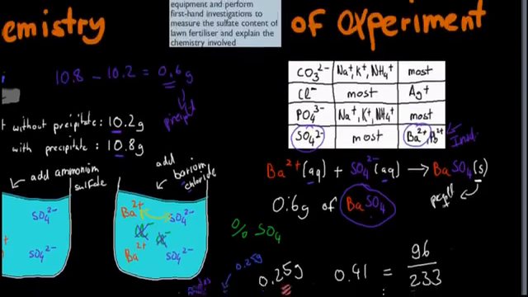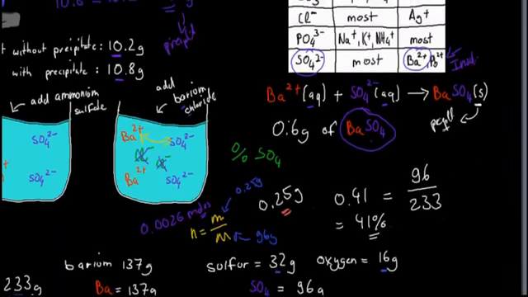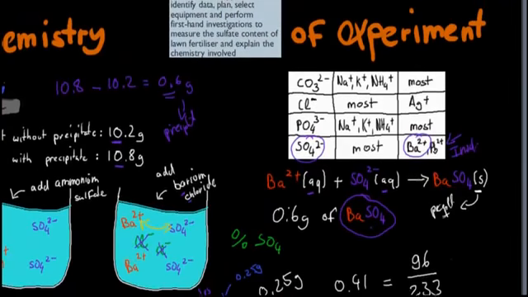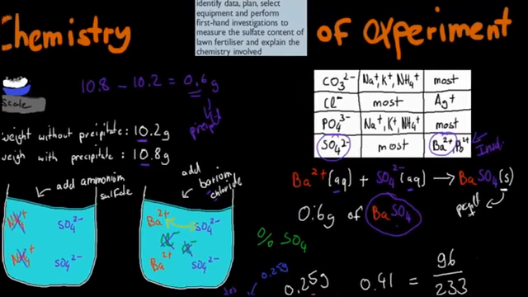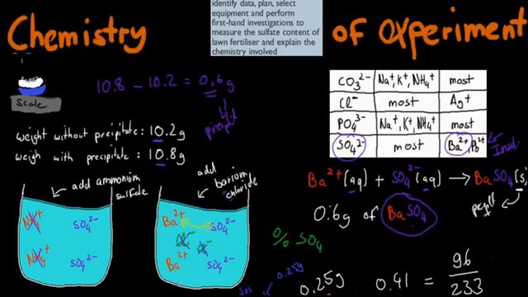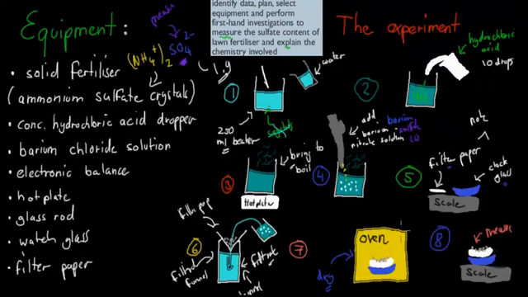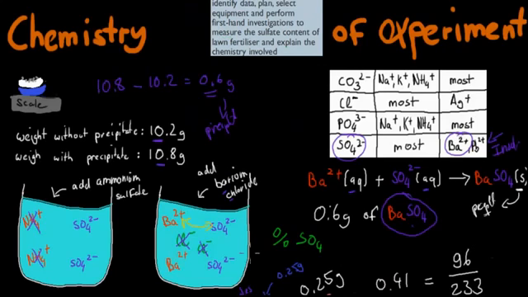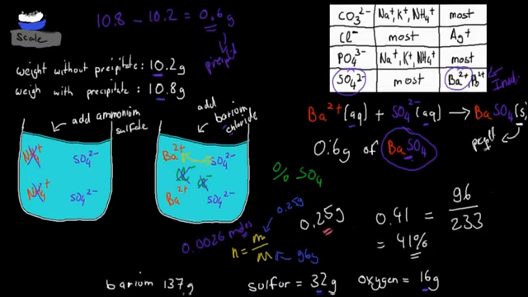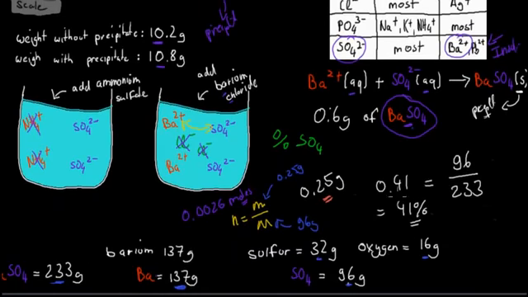I'll quickly summarize. Again, this is just something that you can do as well. You can figure out the composition of sulfate and the moles of sulfate. But to sum up this dot point, we need to measure the sulfate content, which you've done with this experiment, right? You've done this experiment and you got the actual precipitate at the end. And the precipitate you could then measure because we know it's barium sulfate being the actual compound. And then we can figure out the molecular weight.